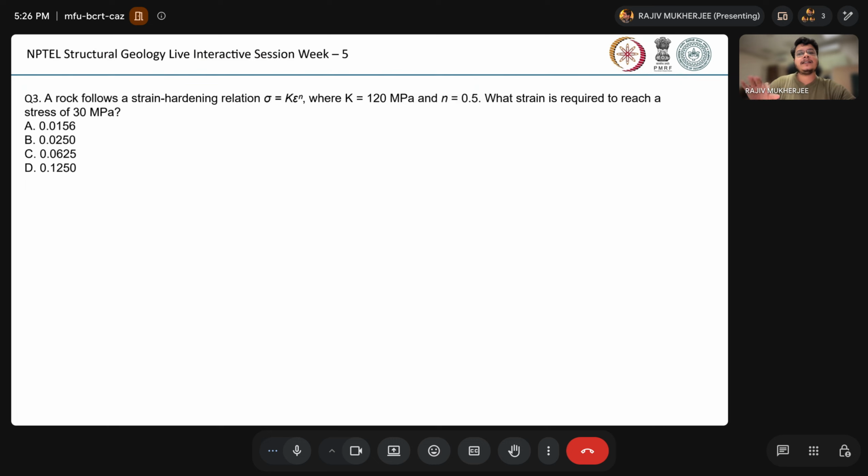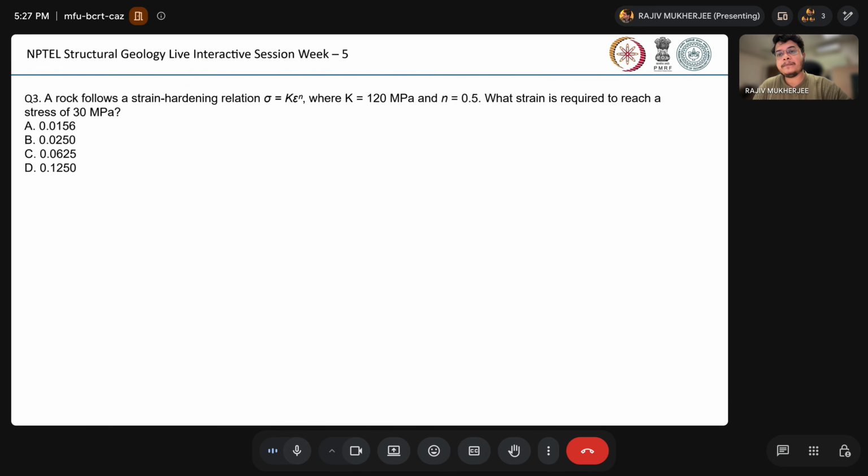The elastic domain is complete, and it is now entering the plastic or ductile deformation domain, where there can be generally three types of response to the deformation.